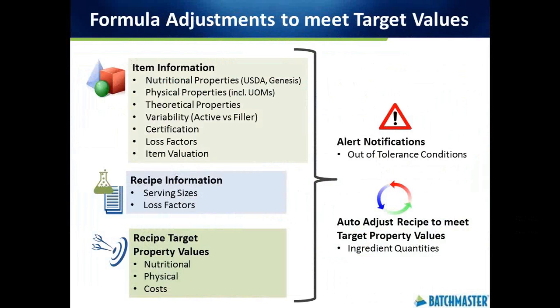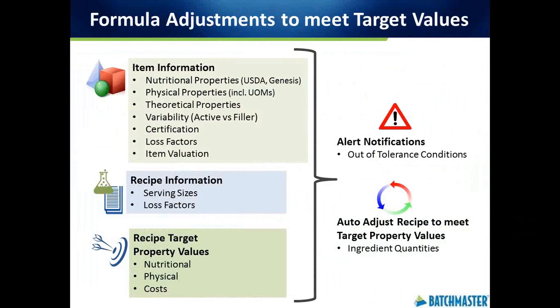We understand the differences in units of measure. We can employ theoretical properties. There's certainly variability, active versus fillers, that we have to address. Certain certifications like kosher, and whether things are allergens. There are loss factors that will occur during production based on the item. And then there are the valuation methods, because it's an integrated system to your financials.